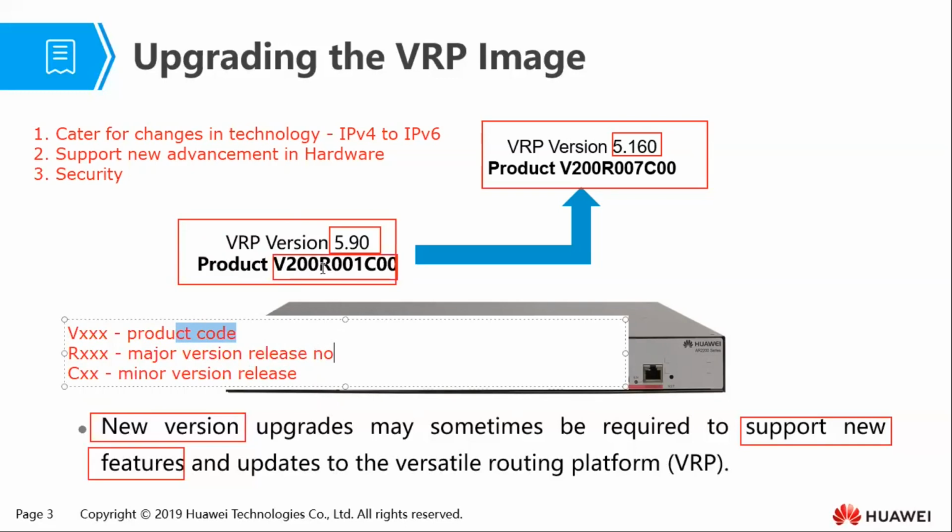The major version release is 001. Whatever we are using was 001, and now we are upgrading it to 007. Then at the C, the minor version release, we have 000 because this is not a minor version, this is a major version release. In case it was a minor version release, then at the RXXX we would have all zeros, and here we would have a certain number.